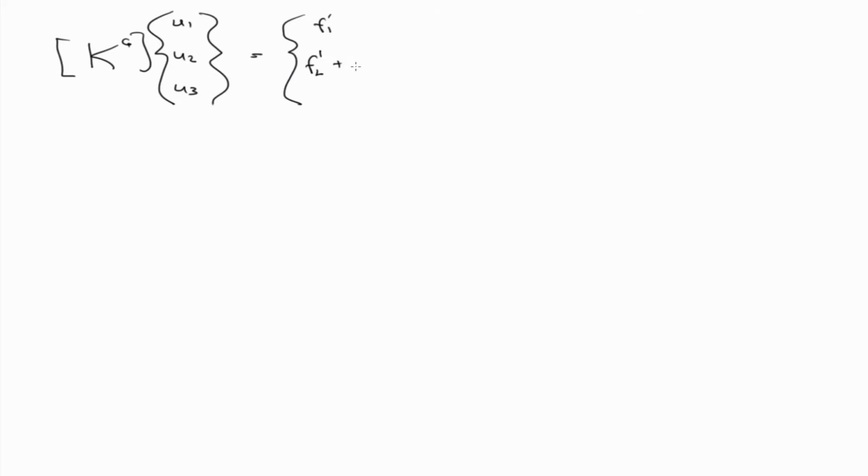So we have K global, right, and it multiplies U1, U2, U3, the nodal displacements, or the nodal values we're solving for. And then on the right-hand side, we'd have F1, 1, F2, 1 plus F1, 2, F2, 2.